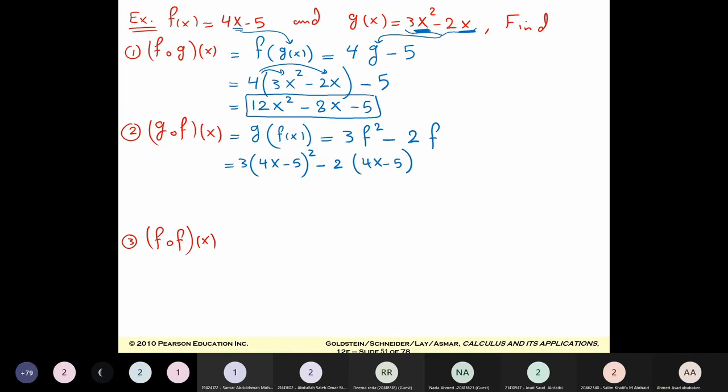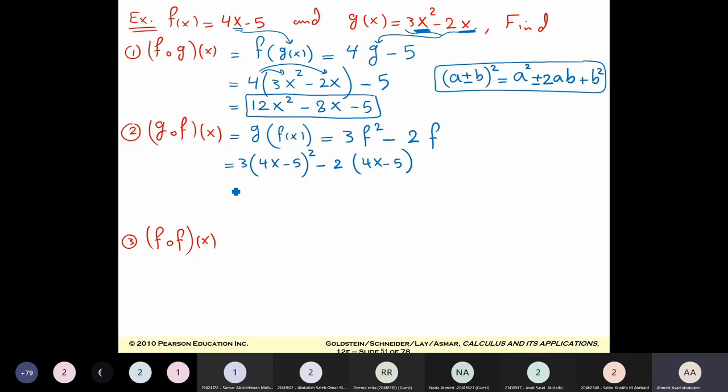Now, we have the rules. If we have a plus b all squared, we can find it by these rules: the first squared plus 2 times the first multiplied by the second plus the second squared, and if we have subtraction, put it here, subtract.